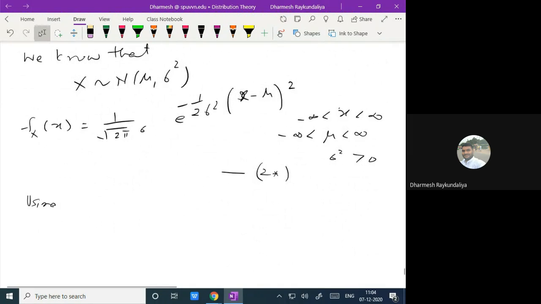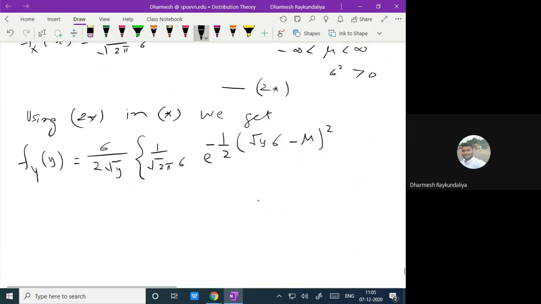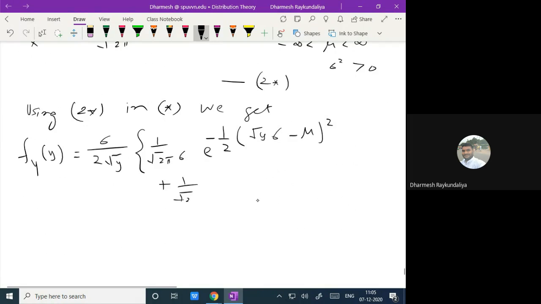Using 2 star in 1 star, what do we get? f(y) is equal to sigma upon 2 root y, and here we get 1 upon root 2 pi sigma e raised to minus half, where in place of x I have to write (root y sigma minus mu) whole square, plus 1 upon root 2 pi sigma e raised to minus half, wherever x I have to substitute (minus root y sigma minus mu) whole square.